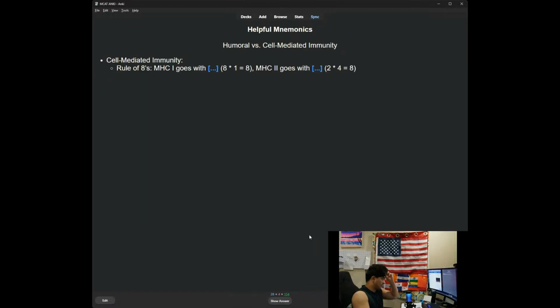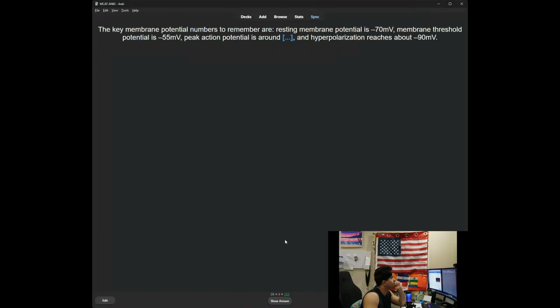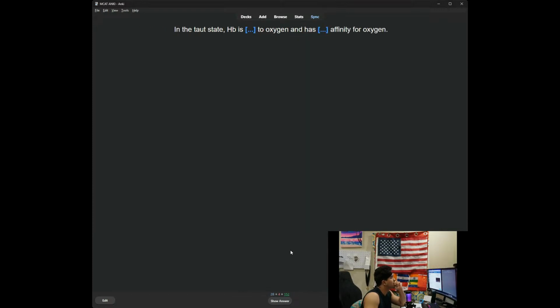Yeah, CD plus, and then MHC through CD4 plus. Resting membrane potential is around negative 70 mV, threshold, peak action potential around plus 40 mV.